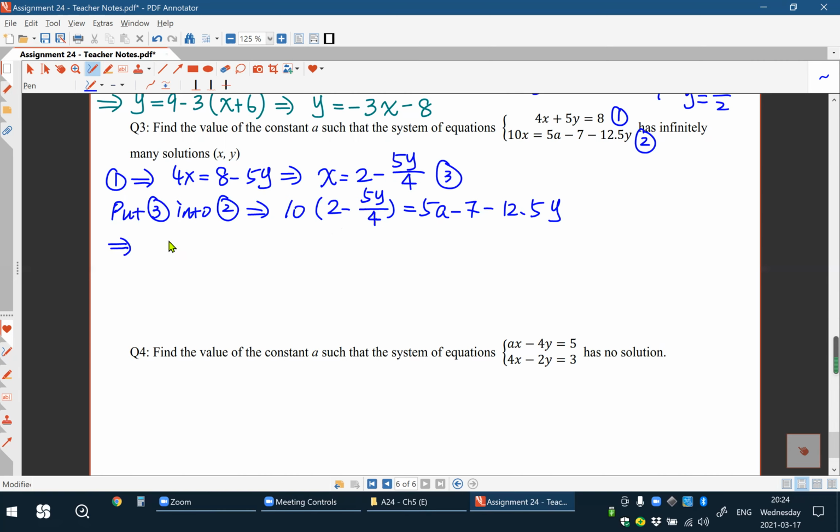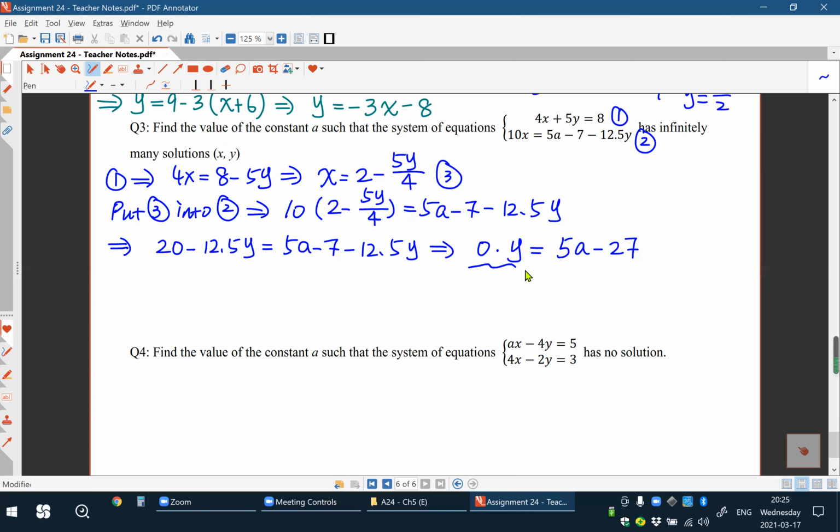This means 20 minus 12.5y equals 5a minus 7 minus 12.5y, right? Then you can put all the y's on the left-hand side of the equation. This will give you 0 times y equals 5a minus 27, right?